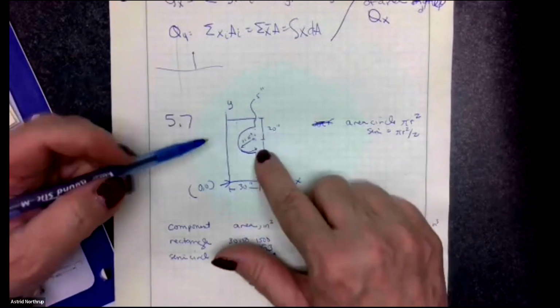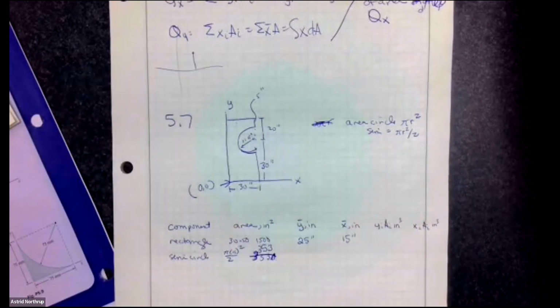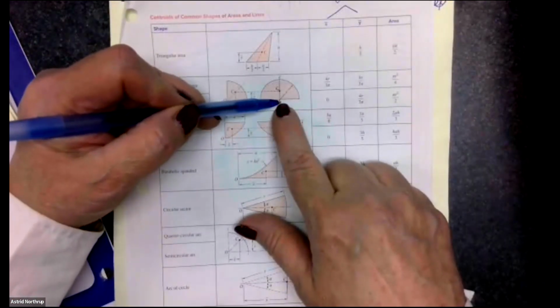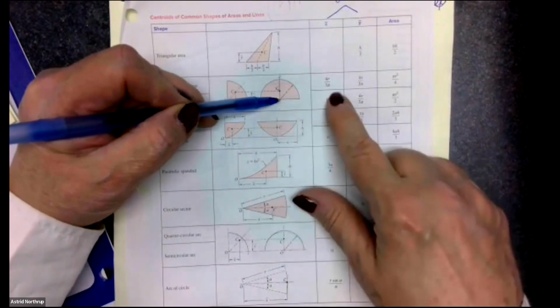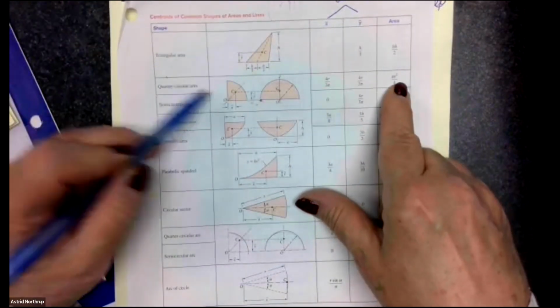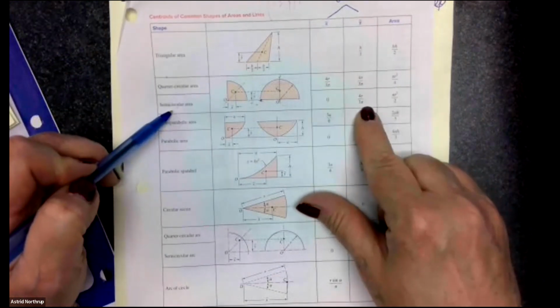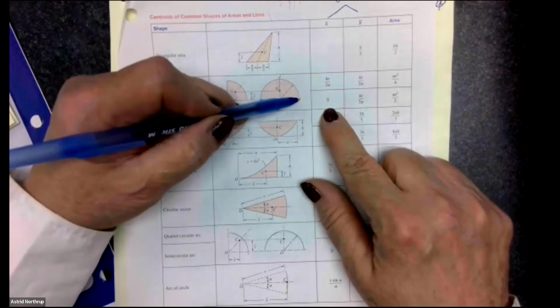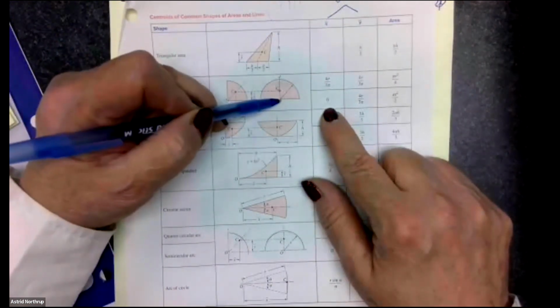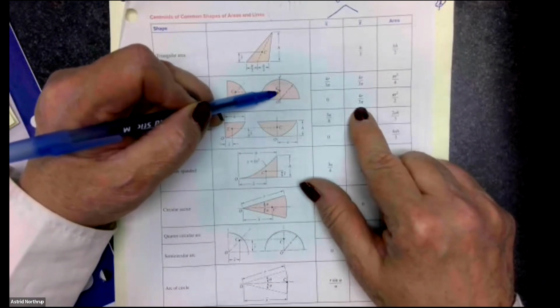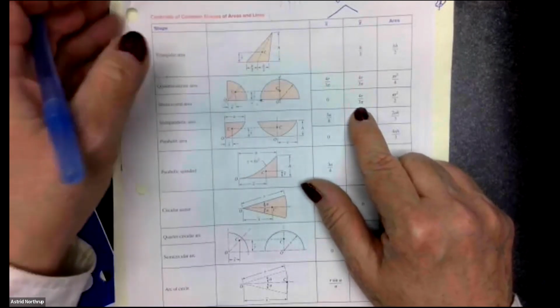What about my semicircle? All right, if I go back to this formula page, I can see that here's a semicircle. This can be confusing. This top line refers to the quarter circle. The bottom line refers to the semicircle. So it tells me that from wherever my cut edge is of that semicircle, my centroid would be 4r over 3 pi from that edge.